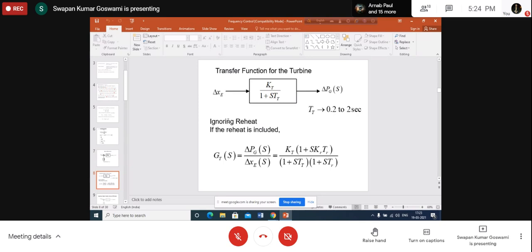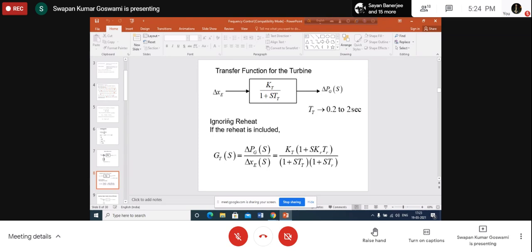Turbine, we shall not go into the detailed representation of the turbine. We shall be assuming a transfer function model for the turbine, ignoring the reheat. You know that in the steam generation process, there is superheater, there is reheater, there is economizer, and other things.